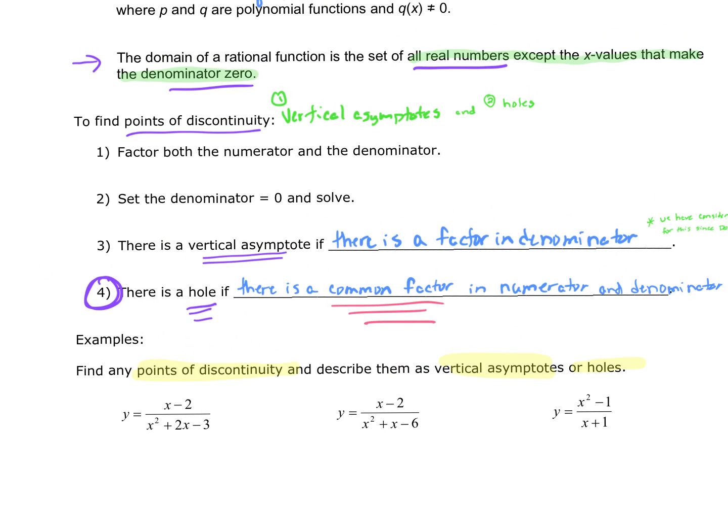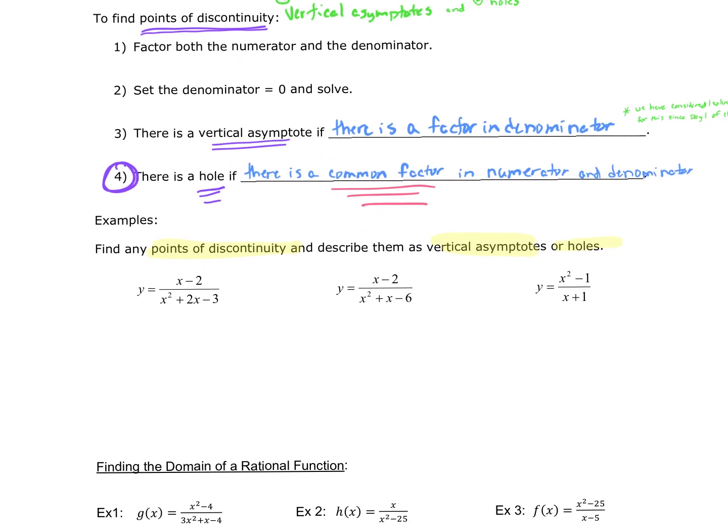So two types of points of discontinuity: vertical asymptotes and holes. We're going to look for holes first because we're going to look for common factors. We're going to divide those out. And then we're going to look at what's left over, and that's going to give us where our vertical asymptotes are. So let me show you some examples of what I mean by that.